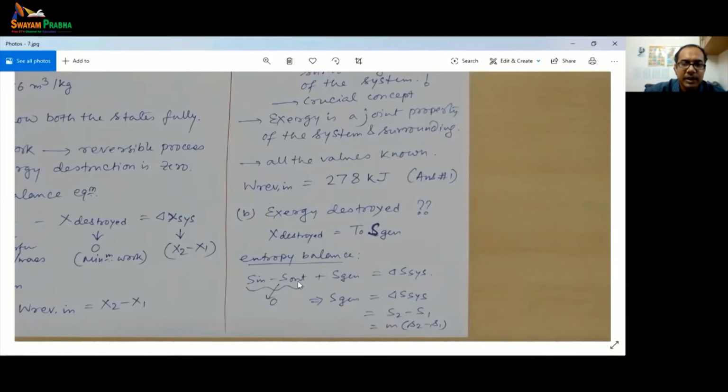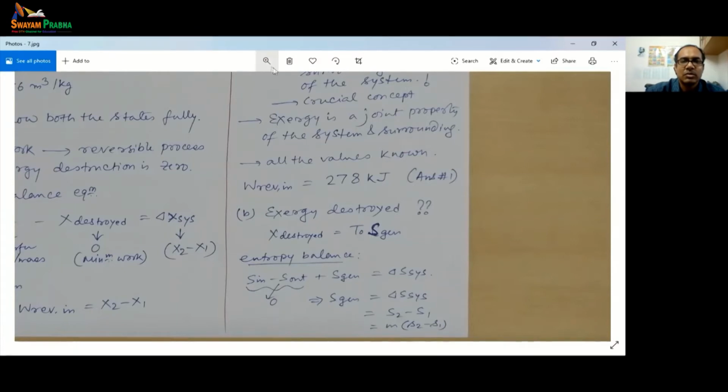If we write the entropy balance equation, which we have written multiple times in the last tutorial, S in minus S out, here there is no flow going in or out, so this part will be 0, plus S generated will be equal to the delta S of the system, the change in entropy of the system. So the generated entropy is nothing but M into S2 minus S1.